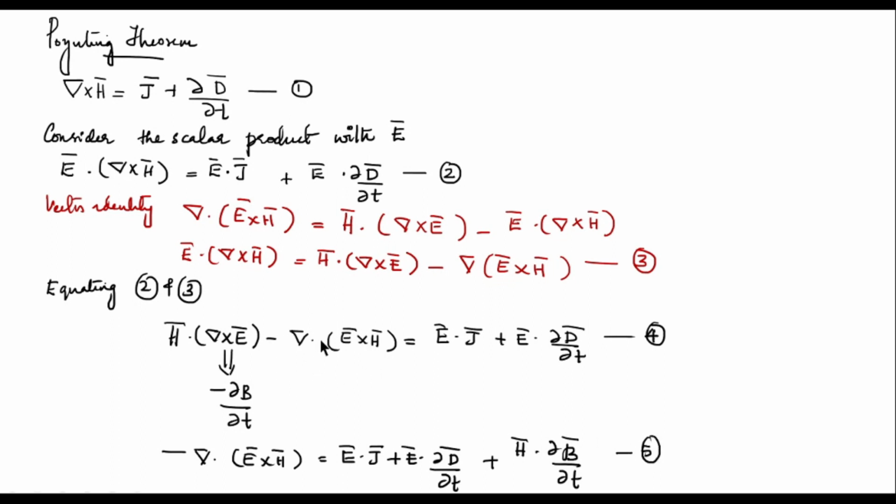That is, H dot del cross E is equal to H dot minus dou B divided by dou T.